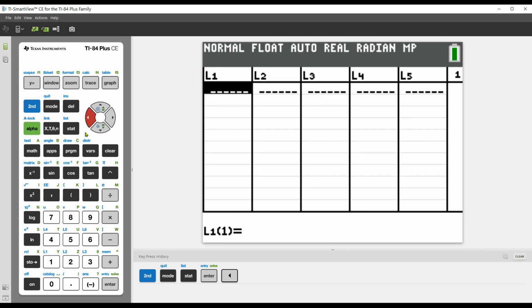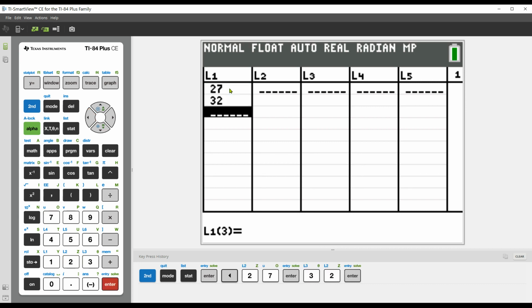We're going to put our midpoints in L1 and then our frequencies in L2. I want to go to that previous screen to see where I'm getting these numbers from. 27 was our first midpoint, 32, 37. We added the lower class limit plus the upper class limit, divided by 2, to get these numbers.